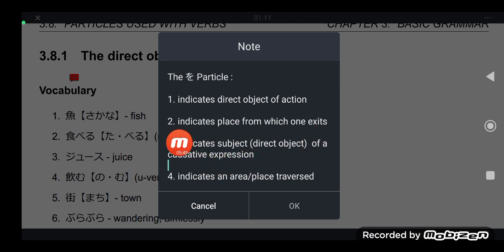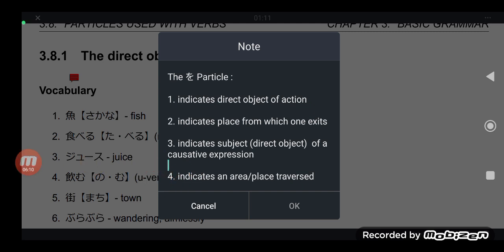In the next lesson, I will explain clearly the difference between transitive and intransitive verbs. Third note on the wo particle: it indicates the subject in the form of the direct object of a causative expression.